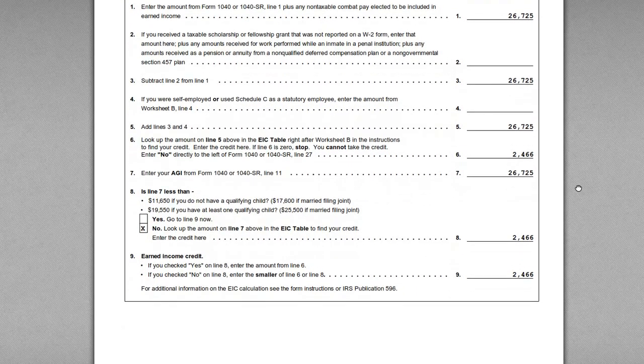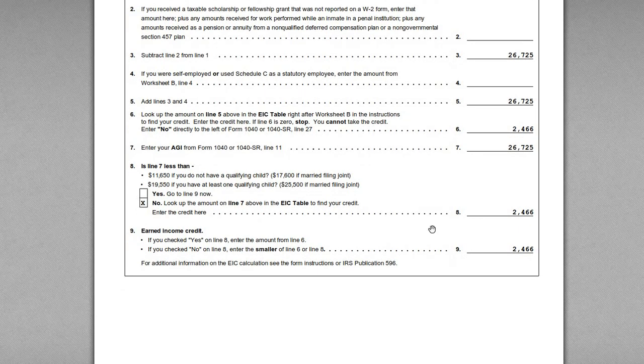So now, moving on. The rest of this worksheet is designed to calculate the credit amount using your AGI. And the reason for that is, firstly, if your AGI is too high, you can't take a credit at all. But if your AGI is lower than your earned income, they're going to give you the lesser amount, right? And so how would that happen? Well, you could have earned income at $26,725, but let's say Jane had capital losses.